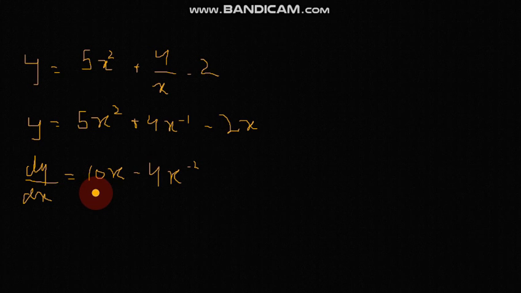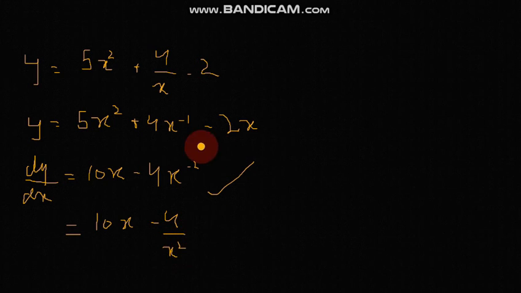If you leave your answer like this, it will also be marked as correct, but it is advisable to write it like this: 10x minus 4 over x squared. This minus 2 is taken down and becomes positive 2. So this is the answer.